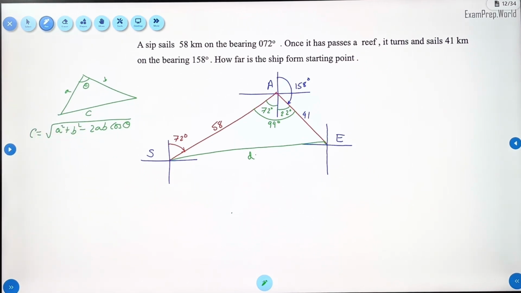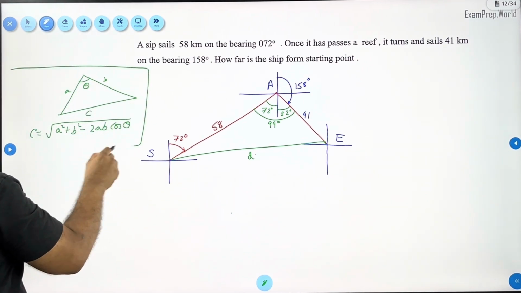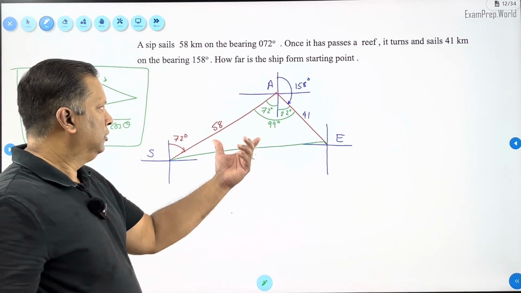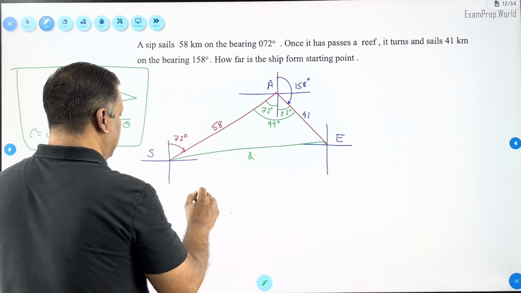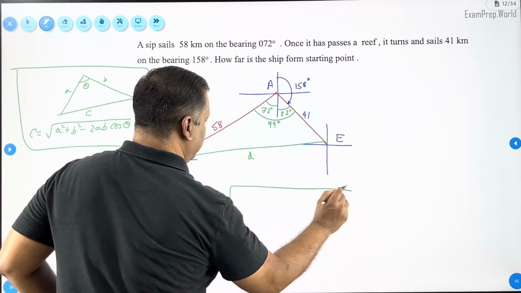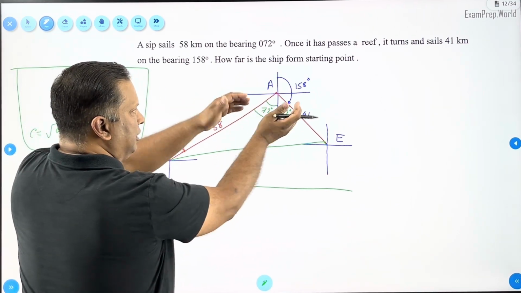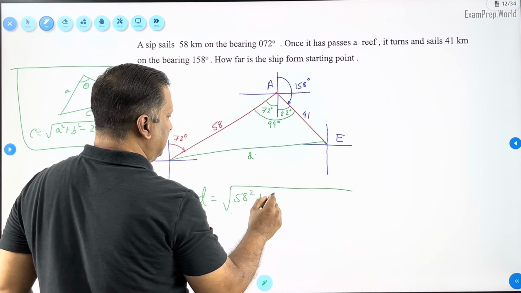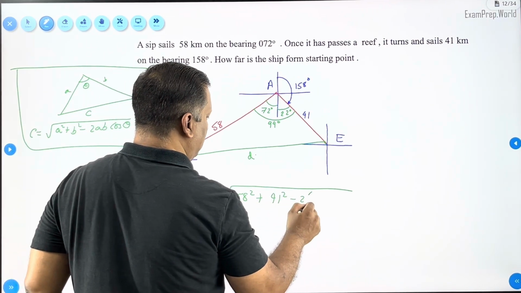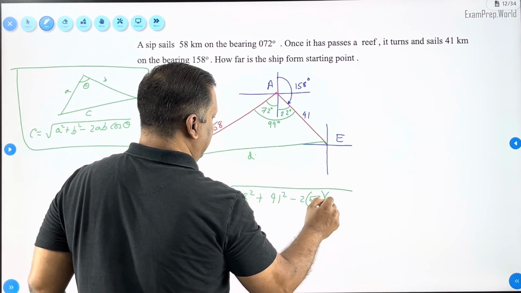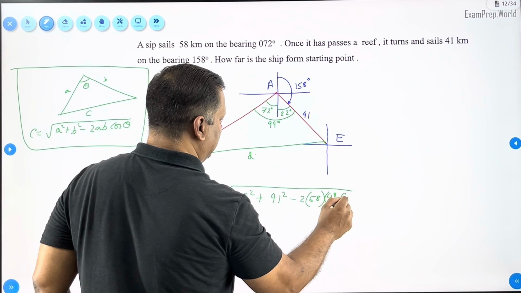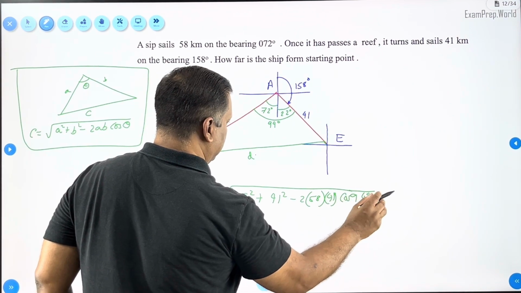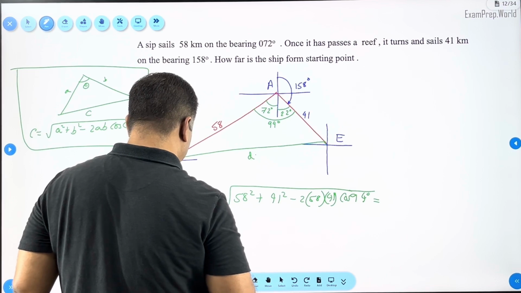We will use this to solve this question. Now how to find D? D will be equal to the root of, this is our A, this is our B, and this is theta. So A is 58 squared plus 41 squared minus 2 times 58 times 41 cos of 94. That should give you your answer.